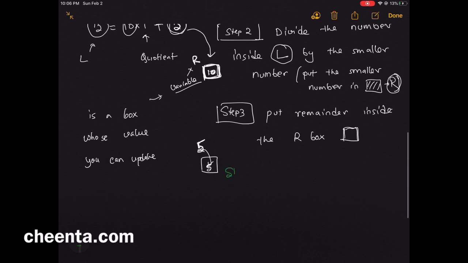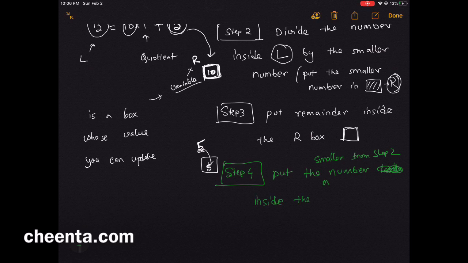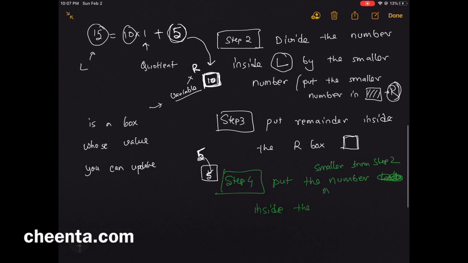Now let's go to step 4 and divide. First put the smaller number from step 2 inside the larger number's box, so inside L. So now this box contains 10.